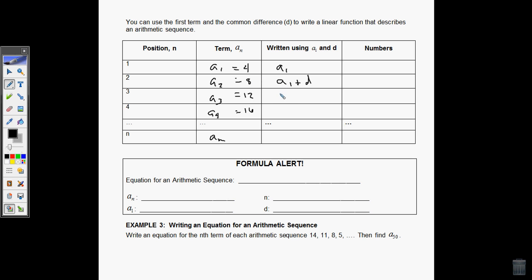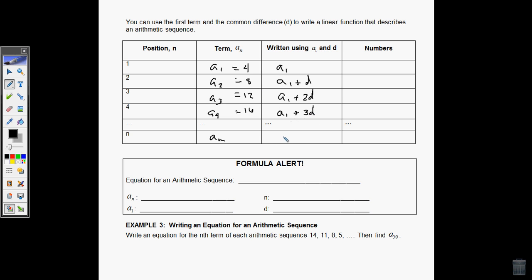Now, if I go on to the a sub third term, I'm stuck again because I can't say a sub 1 plus d because that's only 8. It doesn't get me to 12. But I could add 2 d's, right? A sub 1 was 4, and if I add on 8, 2d, I could get 12. Now the next term, I wonder if I can keep this pattern going and add 3 d's. 3 d's is 12. 4 plus 12 is 16.